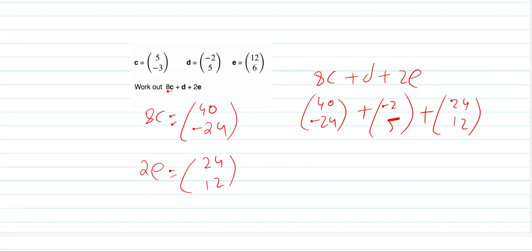So as I told you, if you have two vectors, we add the x component. In the same way for three vectors, for adding or subtracting, we add or subtract the x component with x and y with y. Like 40 minus 2 plus 24, minus 24 plus 5 plus 12.